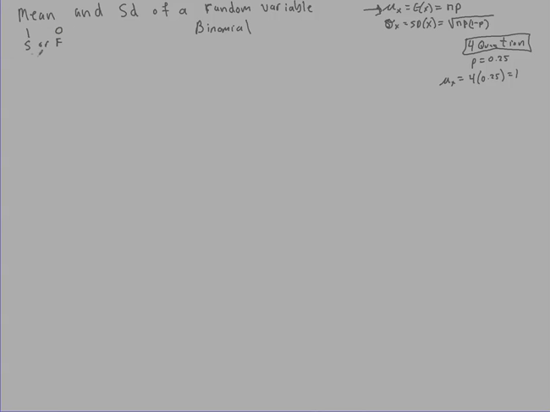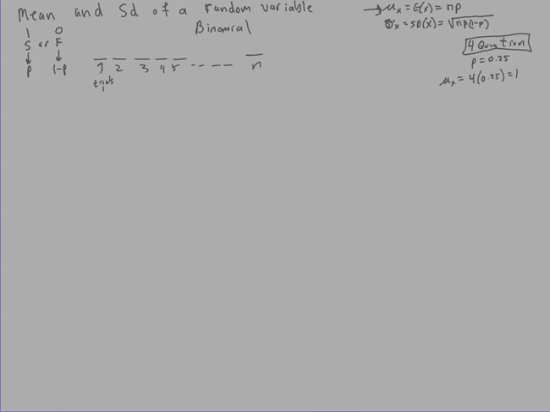I'm going to set up a probability table for this. It's a 1 if it's a success, and the probability is p. If it's a failure, we'll call it 1 minus p. The binomial is set up generally with a lot of different trials: trial 1, trial 2, trial 3, trial 4, trial 5, and so on, up to trial n.